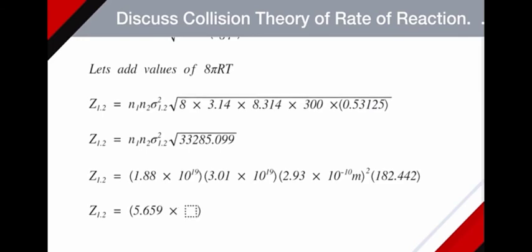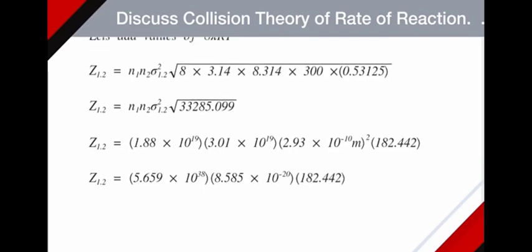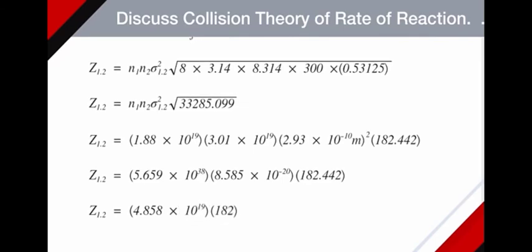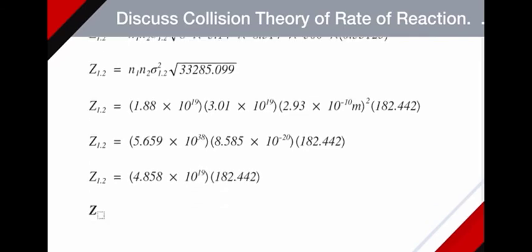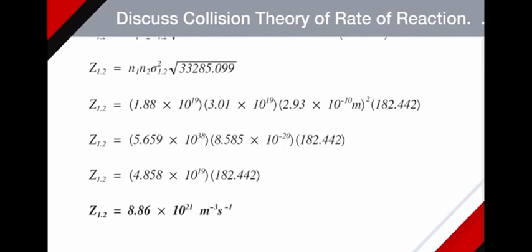So Z 1.2 becomes 5.659 into 10 to the power 38 into 8.585 into 10 to the power minus 20 into 182.442, which is 4.858 into 10 to the power 19 into 182.442. Or finally, Z 1.2 is equals to 8.86 into 10 to the power 21 per cubic meter per second.